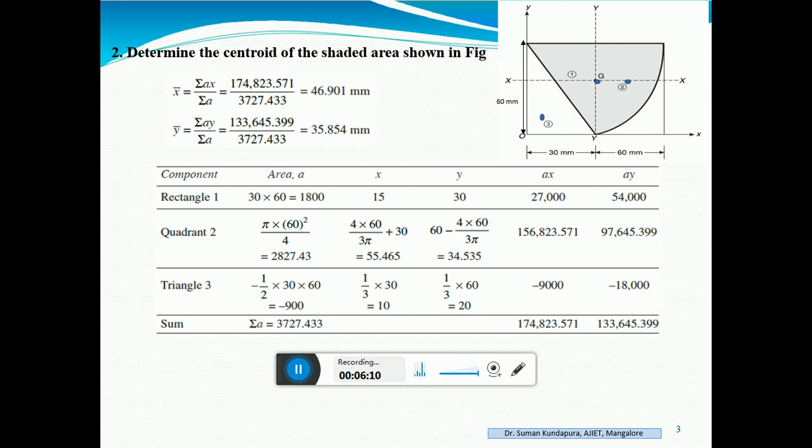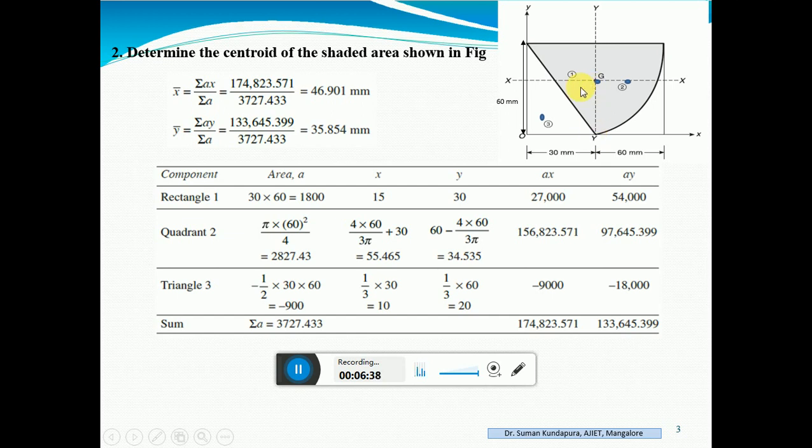What I will do is, I have a triangle over here and I will consider this as one rectangle. Remove this triangle from the rectangle, so I will be remaining with this portion, and this quadrant I can consider separately and solve the problem.